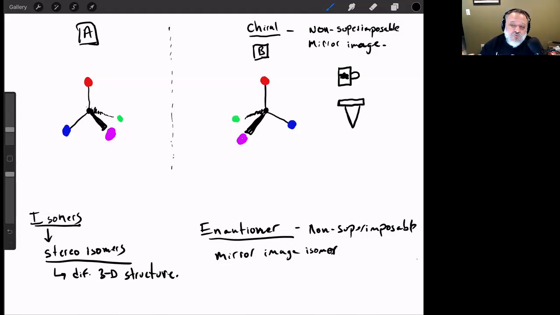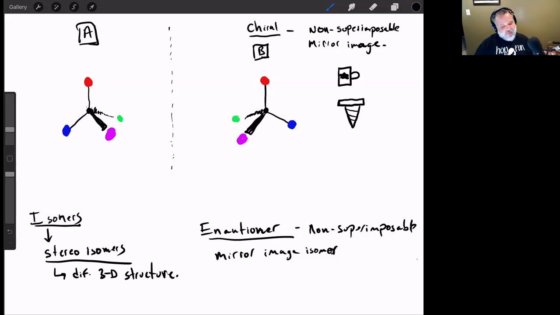But what can we do to the nail to make it chiral? Well, we can go from a nail to a screw. The screw is definitely chiral because of the way the spiral around the threads goes in one direction. If we take the mirror image, then the mirror image goes in the other direction, and we can't rotate it so that they're exactly the same.